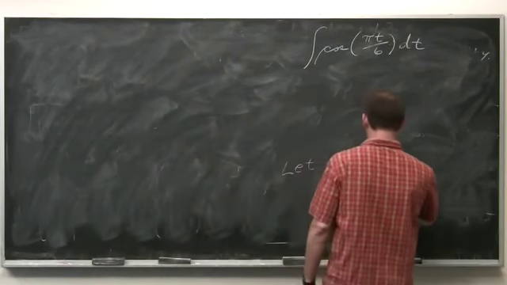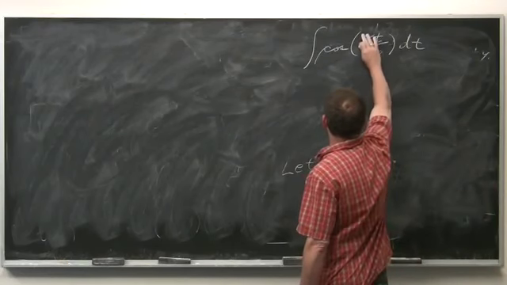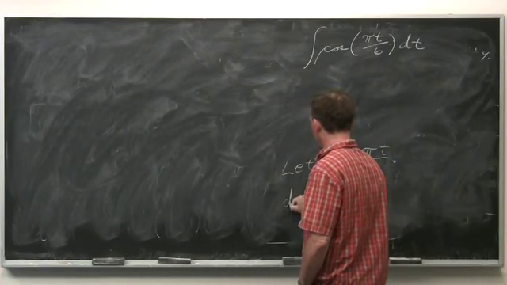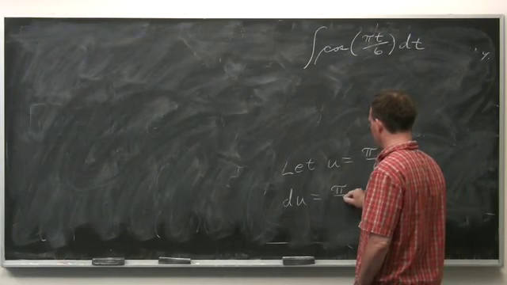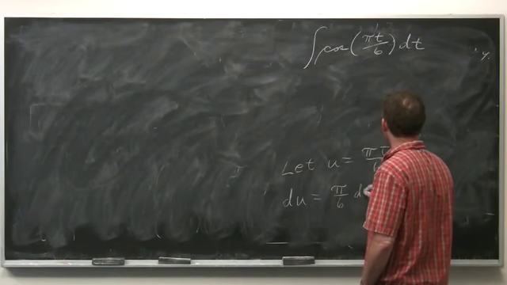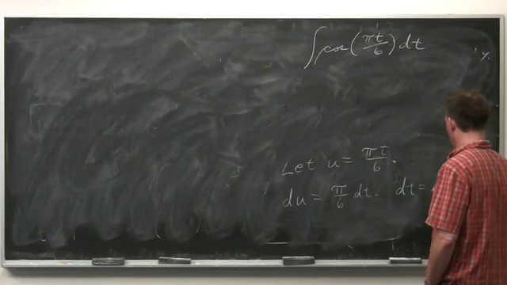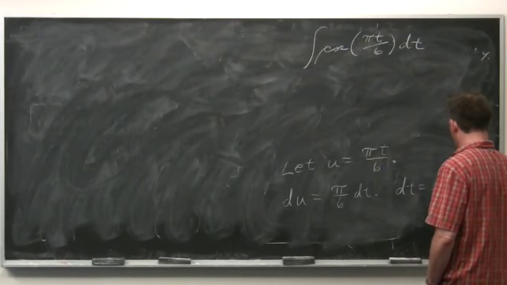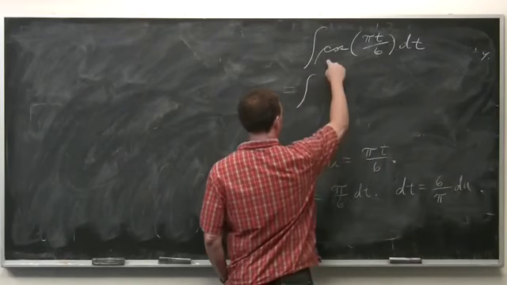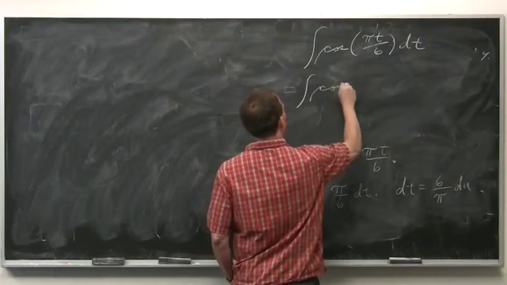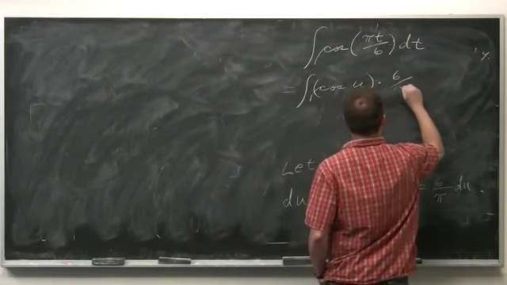Then this substitution will always work in that case, if it would be something you knew if you didn't have that constant there. And so du is just pi over 6, the derivative of this, times dt. It's pi over 6 times dt, which means dt is 6 over pi times du. And so this integral becomes the integral of cosine of u, and the dt is 6 over pi times du.